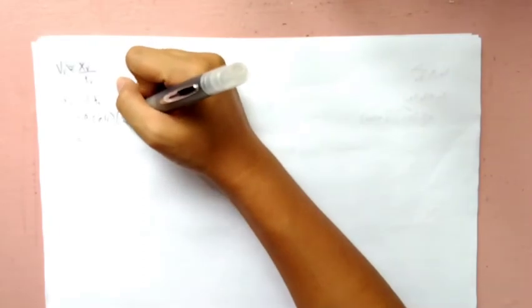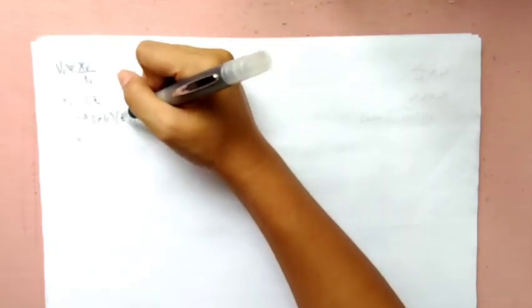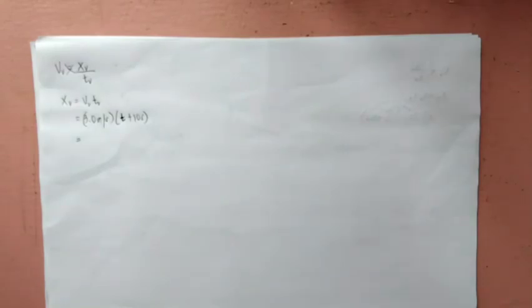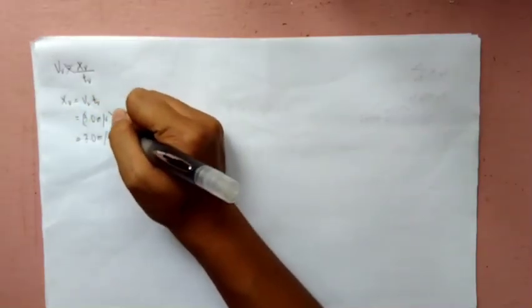Since we have already the value of time, or t, we need also to substitute that value here. Copy 3 meters per second.